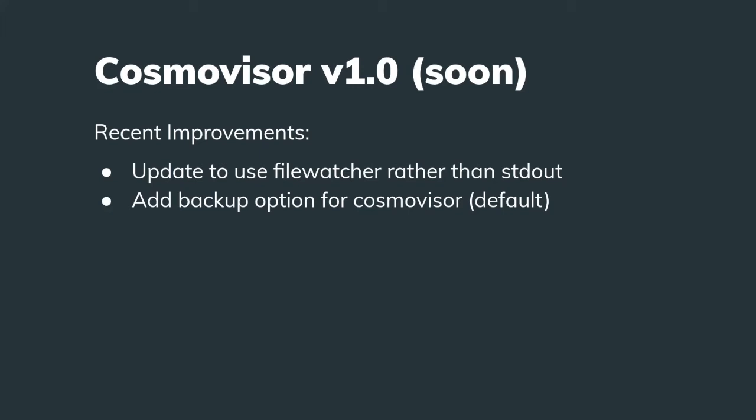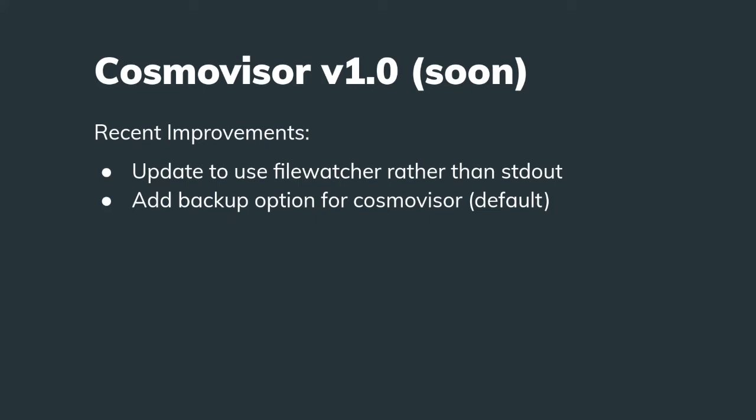So Cosmovisor v0.1 will include the current implementation of reading from the logs, and it will also add the backup option for Cosmovisor. And then Cosmovisor v1.0 is actually going to switch and update to using File Watcher rather than STD out.